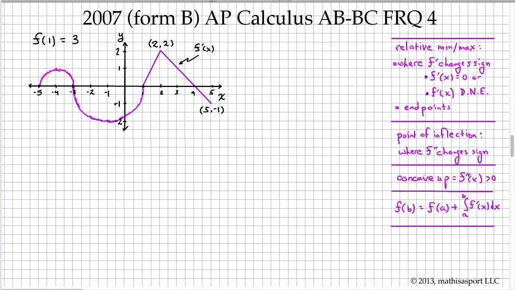Let's go ahead and just get started with part A. We're being asked to find all the local or relative maxima. Now we know that maxima occur where f prime changes sign, but f prime is just the height. Okay.